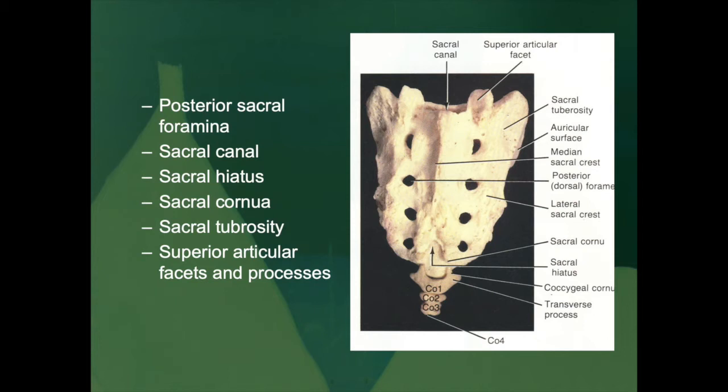So pause the lecture at this point, look at the diagram and the diagram on the previous slide, and then get a sense of really where these landmarks are, to be able to identify them if you were to see them directly, or if there was a virtual picture that you were interacting with as part of an exam.